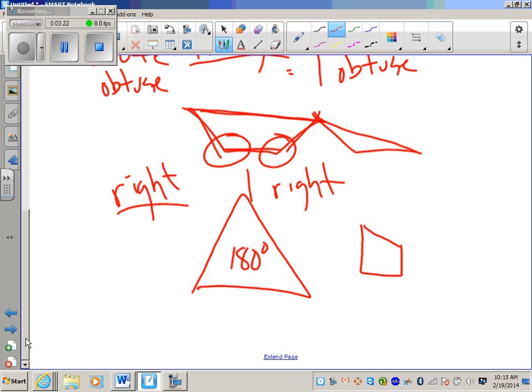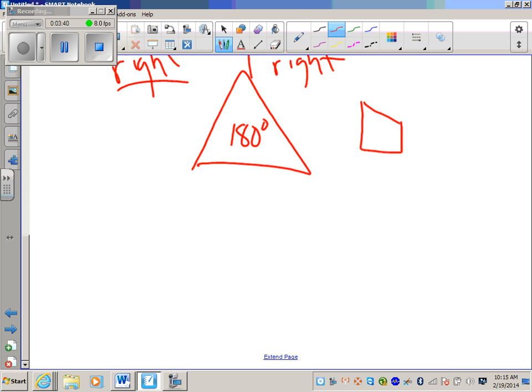So in some instances, they will give you two angle measurements for a triangle and ask you to find the third. For example, we take a triangle that looks similar to this one and say that it has a 50-degree angle and it has a 65-degree angle, but I don't know what that angle is.